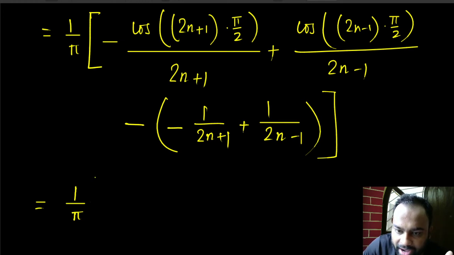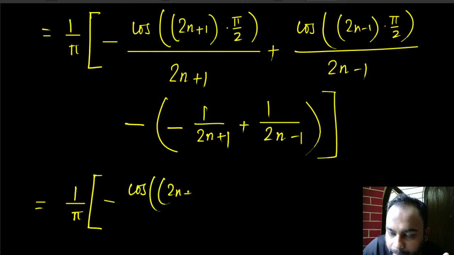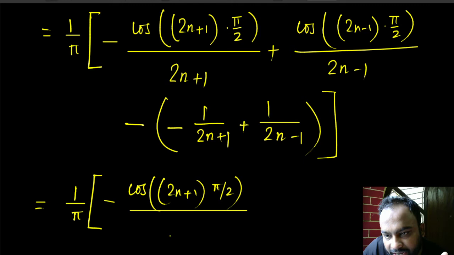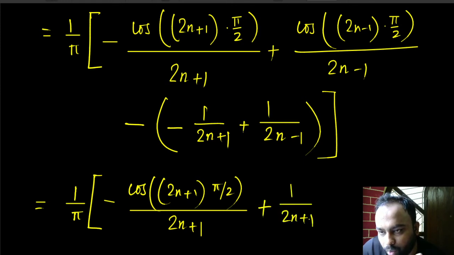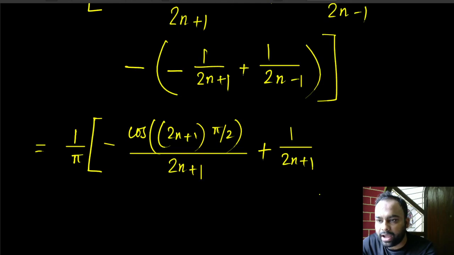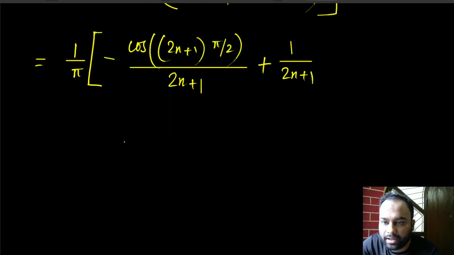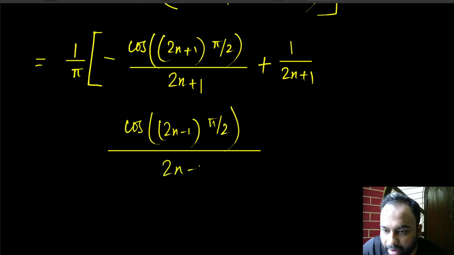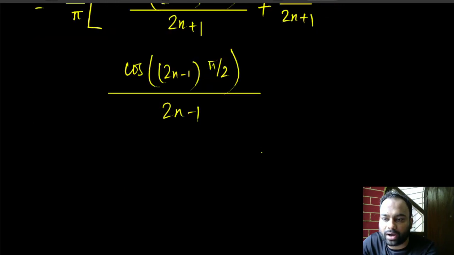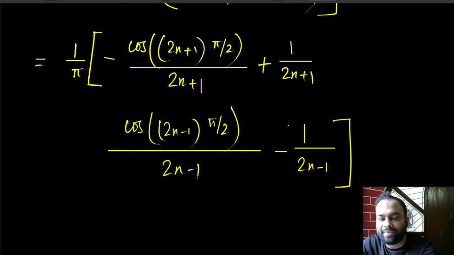We're trying to simplify things, so let me write everything out: cos 2n plus 1 into pi by 2 divided by 2n plus 1, and I'm bringing this 2n plus 1 right next to this, so this is going to be plus 1 by 2n plus 1, and then we have a cos 2n minus 1 into pi by 2 divided by 2n minus 1, and we are bringing this minus 2n minus 1 right next to this. So we have something like this.